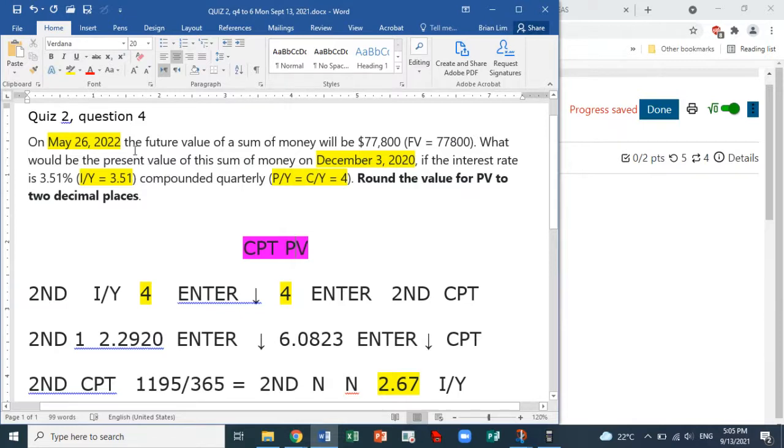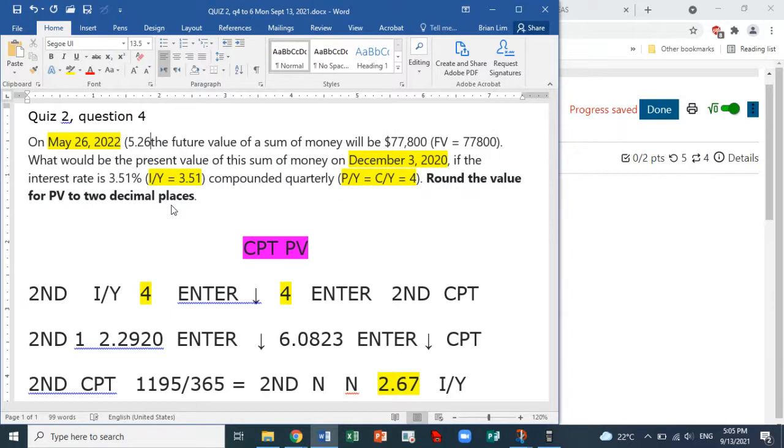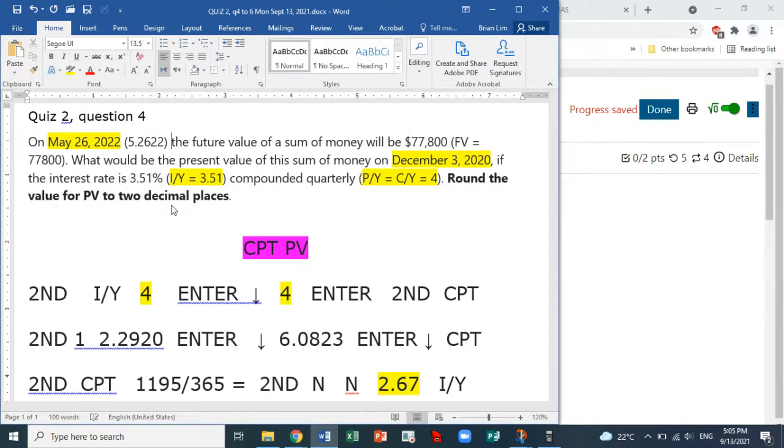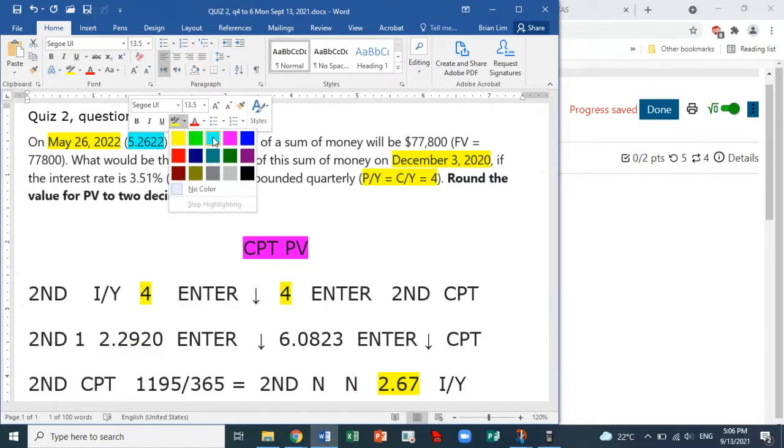Now this date here, we have to enter as the month of May, which is the 5th month of the year, 26th day, and the year would be 22. We did that in the previous question, question 3. So the month goes first, then the decimal, then the day, 26, and then the last 2 digits of the year.